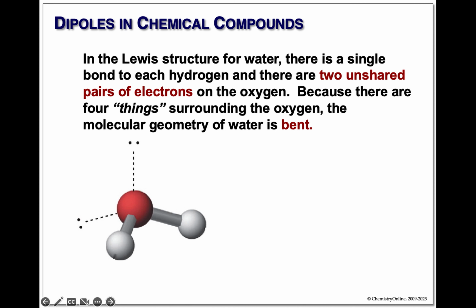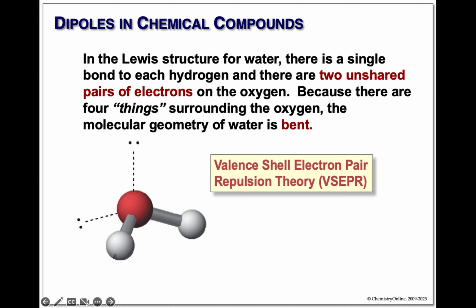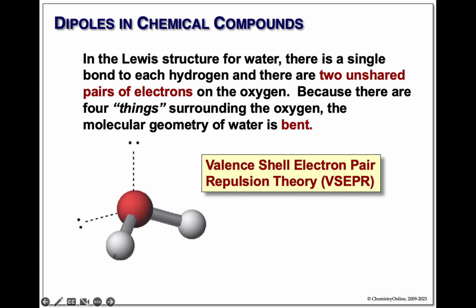Okay, bent. It's bent. Why is it bent? It's bent because there are four things around our central atom that have electrons: two unshared pairs and two covalent bonds. There's a theory called valence shell electron pair repulsion.